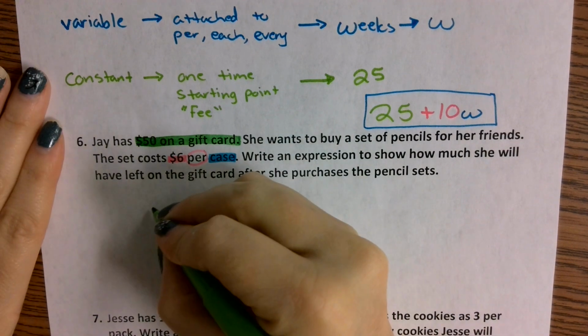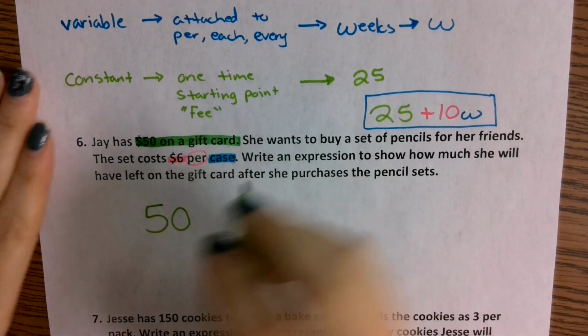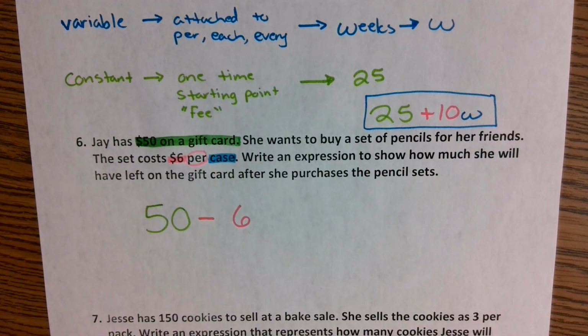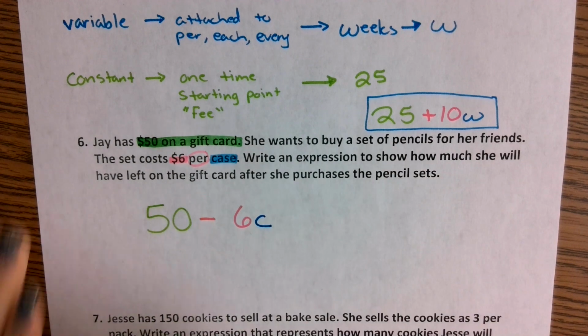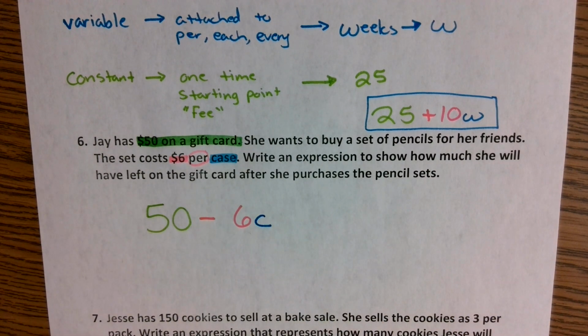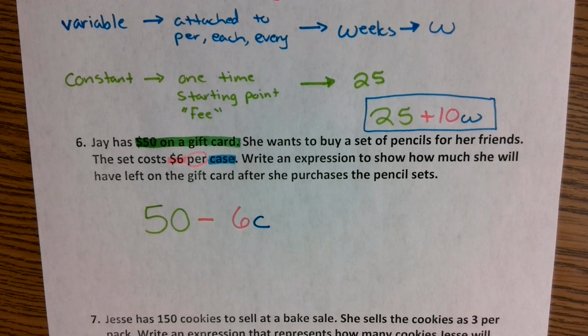So you're starting with the $50, and then you're going to subtract $6 for every case that she's going to purchase. If she purchases 9 cases, you'd do 6 times 9 and subtract that value. Well, that would be in the negatives, you'd owe money, so let's say 8. You purchase 8 cases, 6 times 8, that's 48. You're going to subtract 48 from the 50. That's how it works with gift cards. The money decreases when you use it.